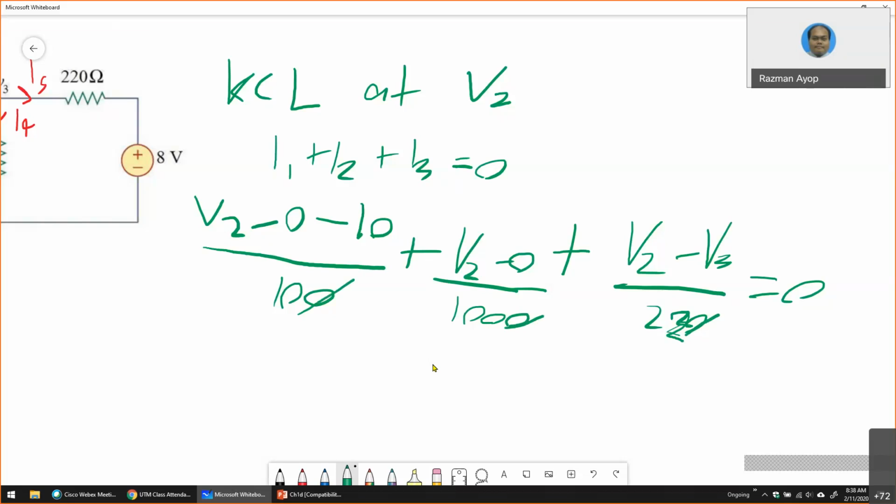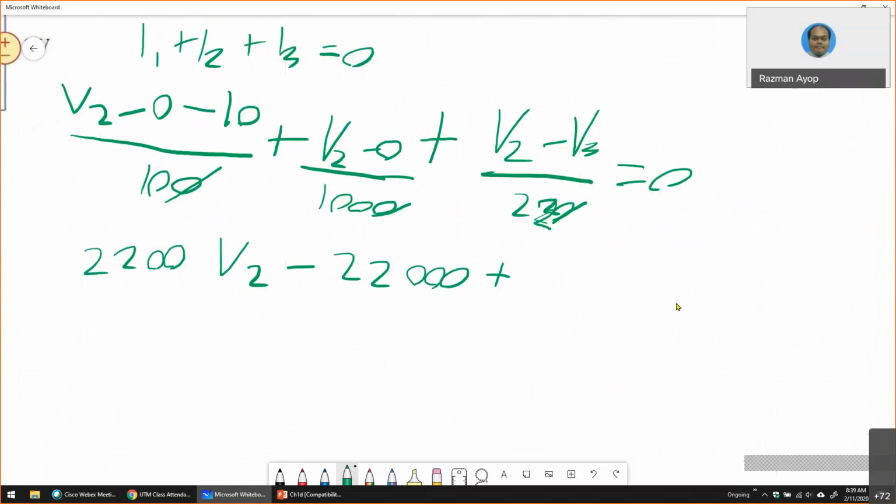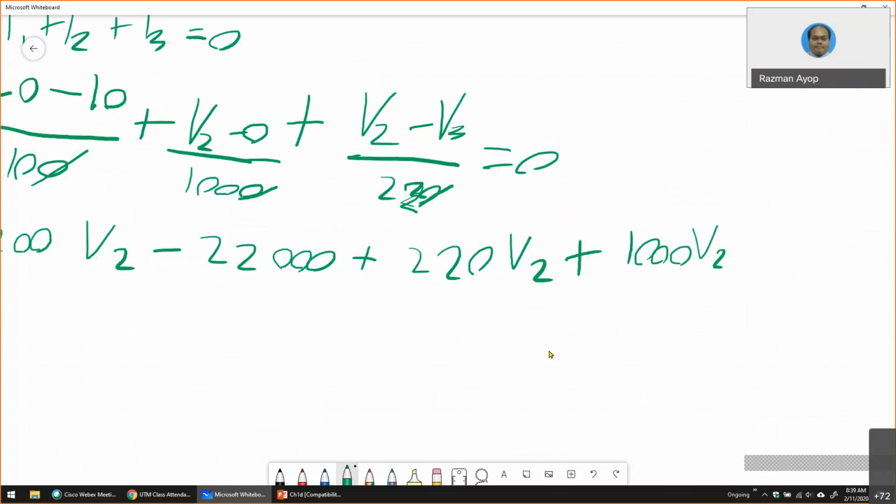So 2200 V2 minus 22000, okay, plus 220 V2 plus 1000 V2 minus 1000 V3 equals to 0. Okay.